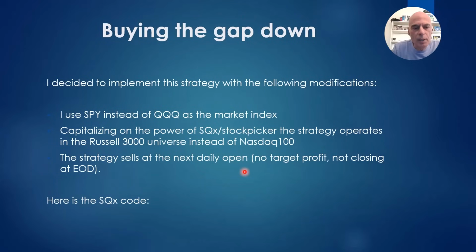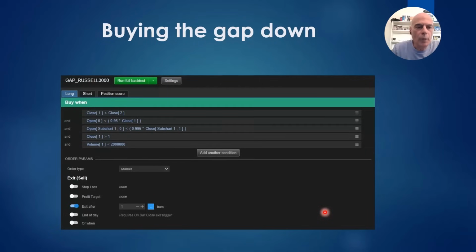So here's the SQX code. Basically, yesterday's close was below the day before yesterday's close. The open today is less than 5% of the close of yesterday.